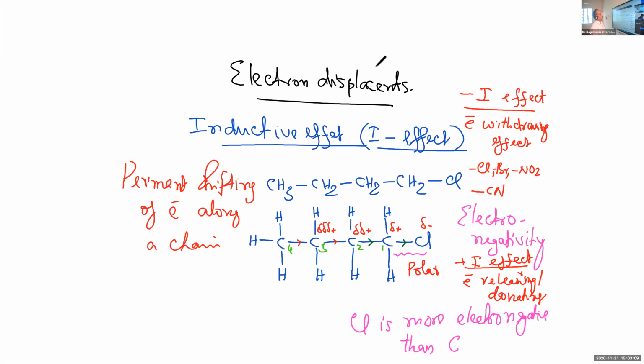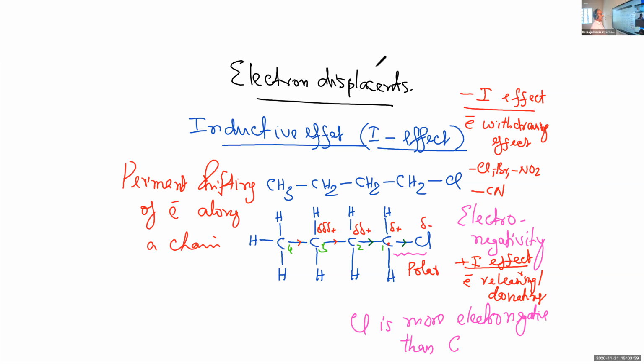Why is it called the plus I or positive? That is because when electrons are released, given away from the atom or group, it becomes partially positive in nature. Here electrons are removed, so it becomes partially positive.